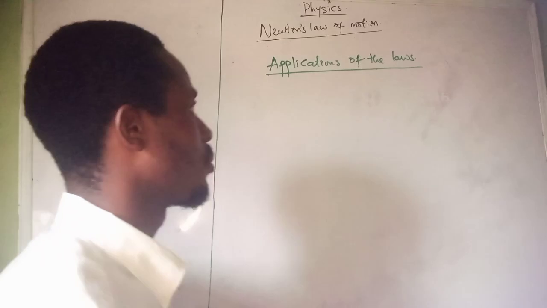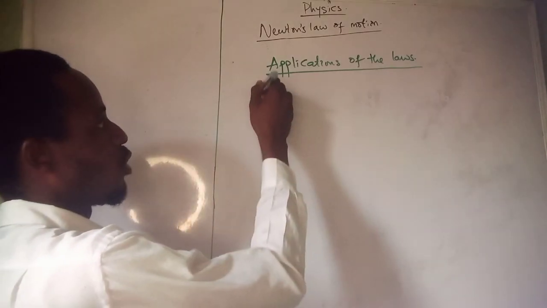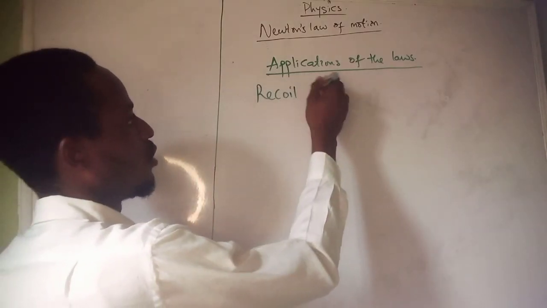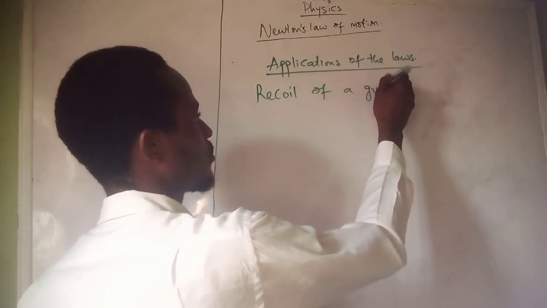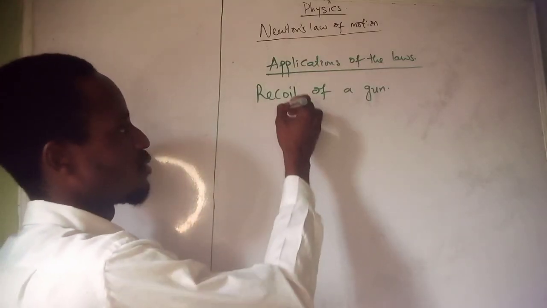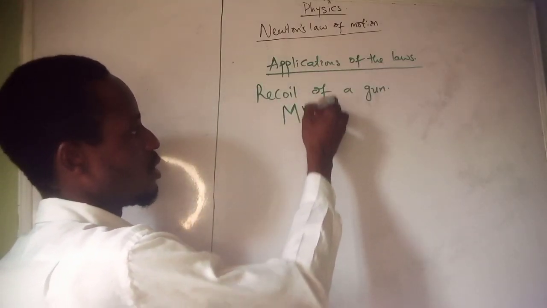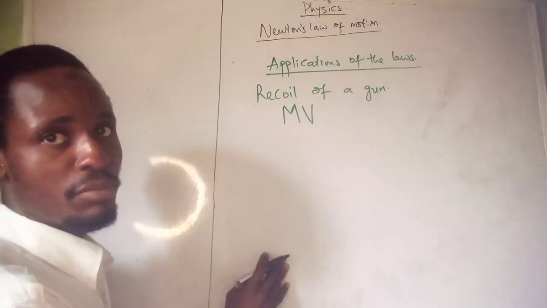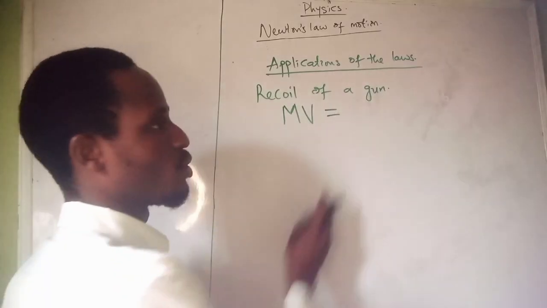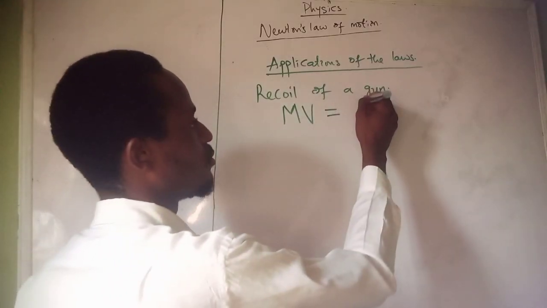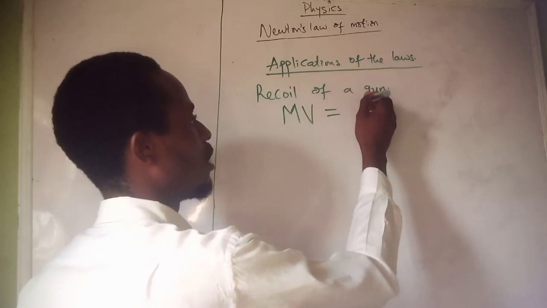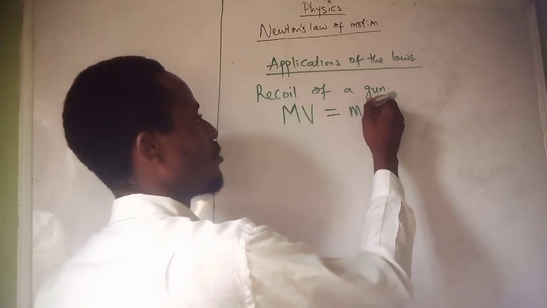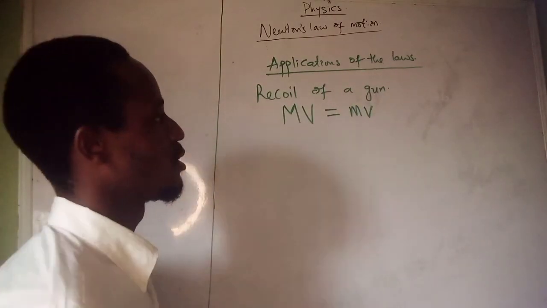So there is a formula to represent that, the recoil of a gun: the mass of the gun is big M, the recoil velocity of the gun is big V, all equal to the mass of the bullet multiplied by the velocity of the bullet.